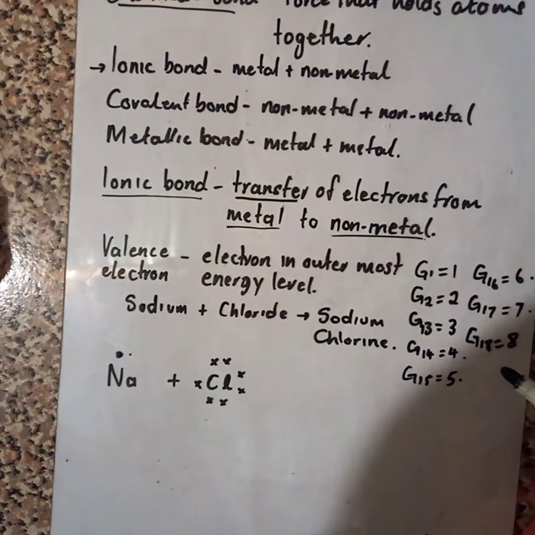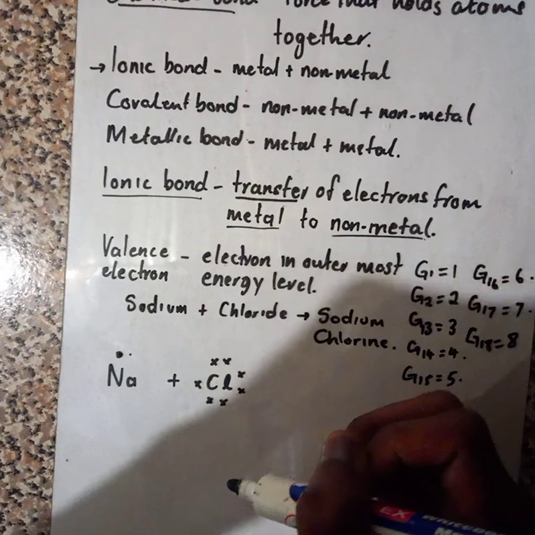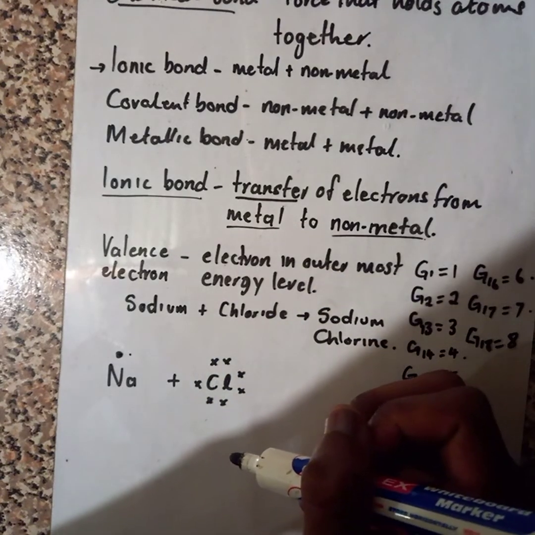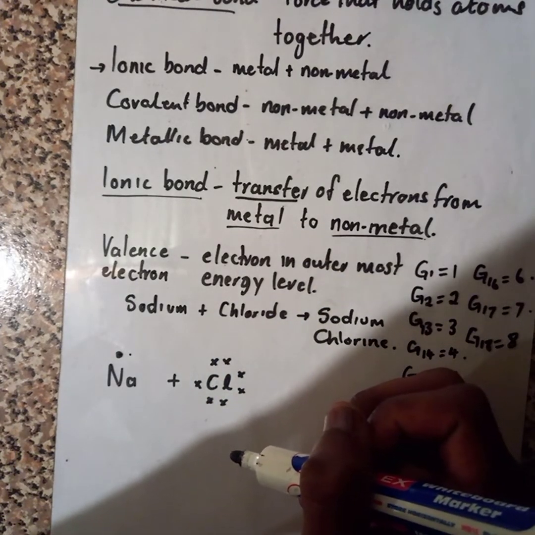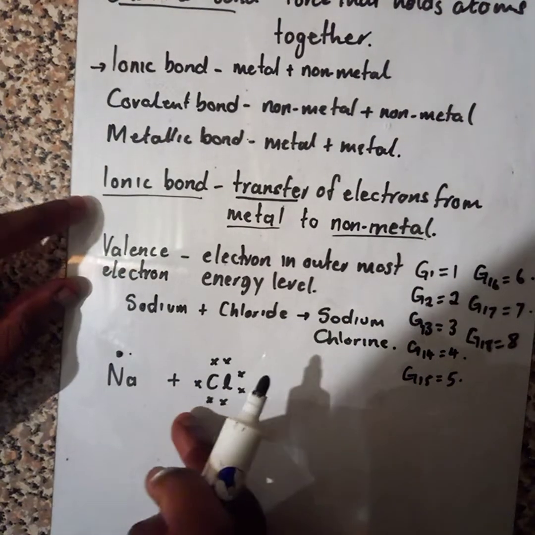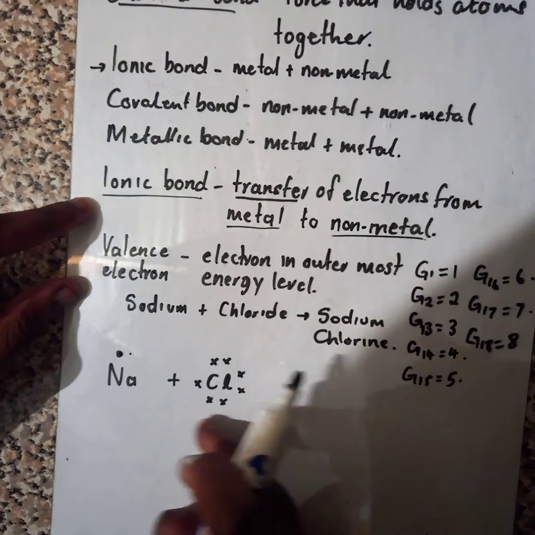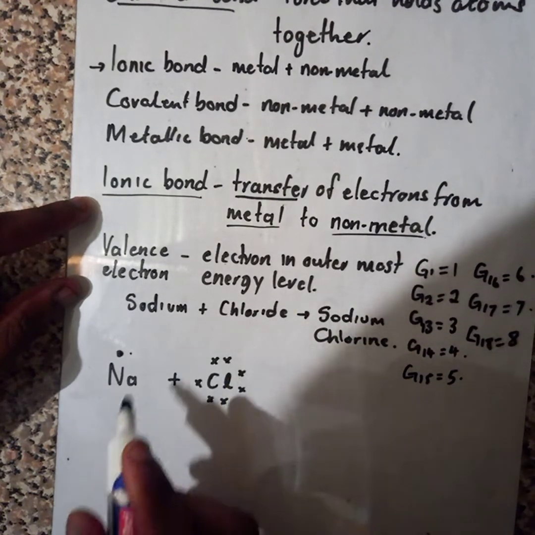Somehow their valence electrons in their outermost energy level altogether should be 8. So far I have 7 for chlorine.